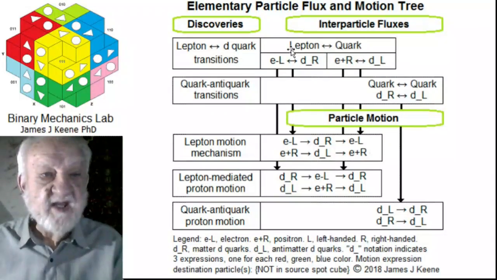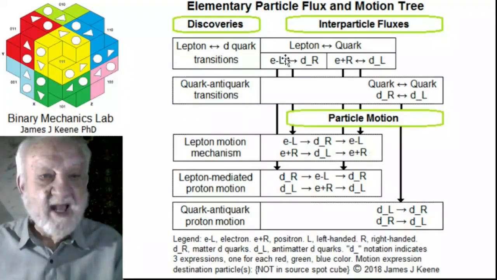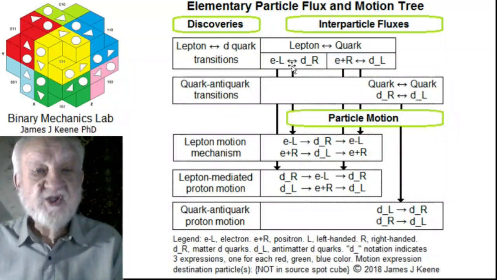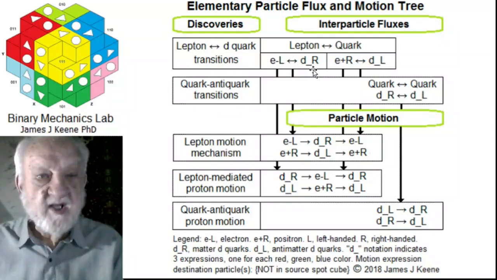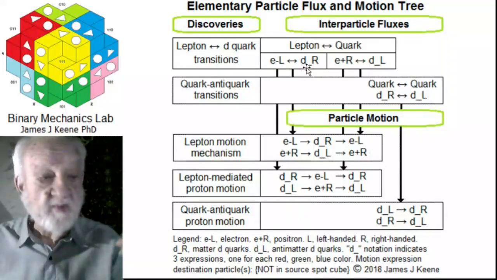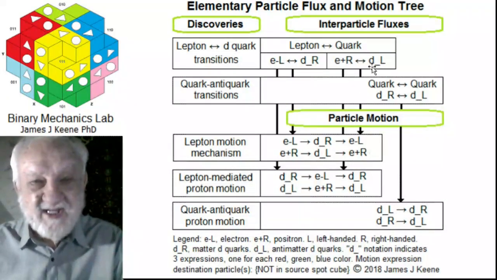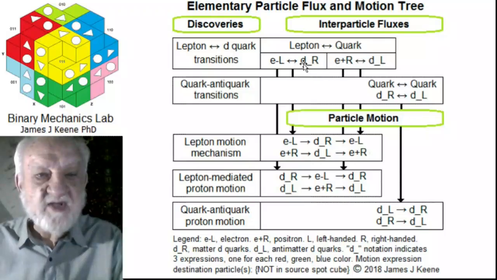We have the discovery of lepton-quark transition, where elements of the electron spot in the spot cube that I showed you at the beginning can exchange quanta with the right-handed d quarks, which are parts of protons. And the positron, which is the right-handed electron, with the left-handed d quarks. And so these two kinds of exchanges are lepton-quark exchanges.